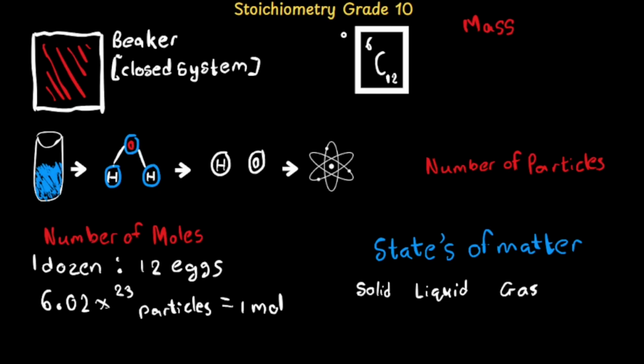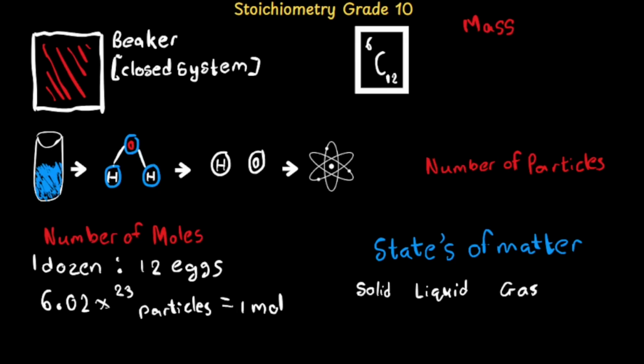We know that the top number, or the small number rather, is the atomic number of that element. In the case of carbon, the atomic number is 6, which means it has 6 protons, right? That's what atomic number means. It also gives us the position of carbon on our periodic table. We know that the bottom number, which is 12 in this case, is the mass of carbon.